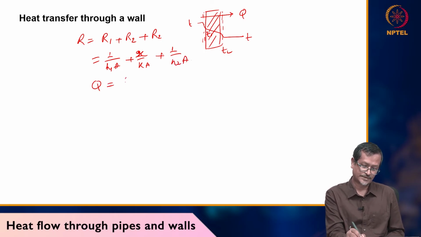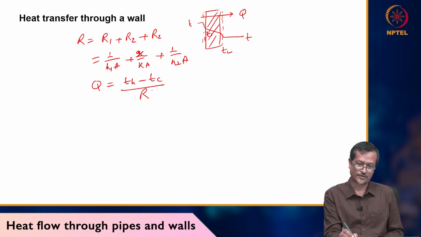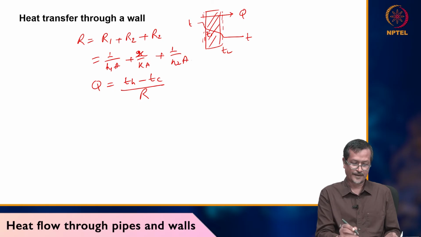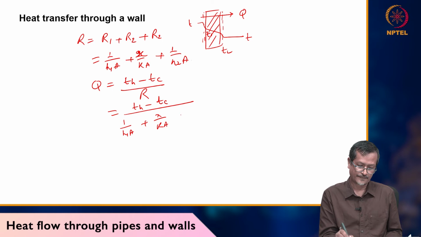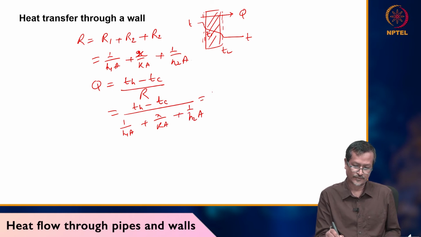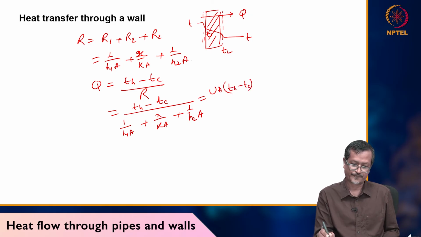Q equals TH minus T cold, T hot minus T cold divided by R. So this will be TH minus T cold over 1 by H1A plus X by KA plus 1 by H2A, equals UA (TH minus TC).